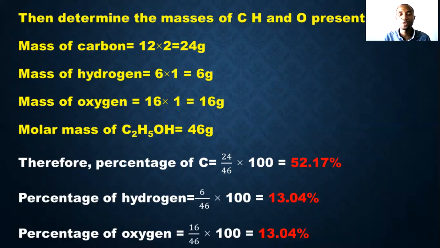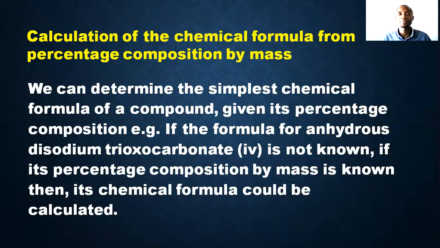Now, percentage of hydrogen will be 6 divided by 46 times 100 over 1. It's going to give you 13.04%. That is the percentage of hydrogen in this particular compound. And the percentage of oxygen will be 16 over 46 times 100 over 1. You are going to have 34.78%. All right, that is the percentage there.